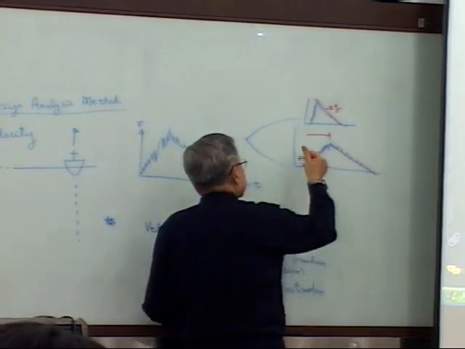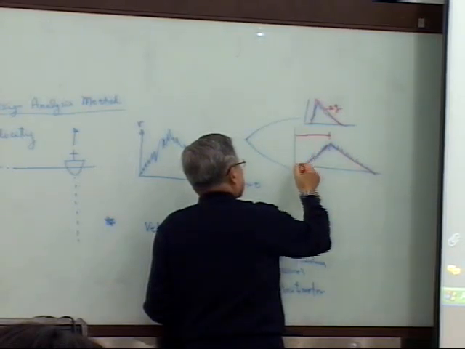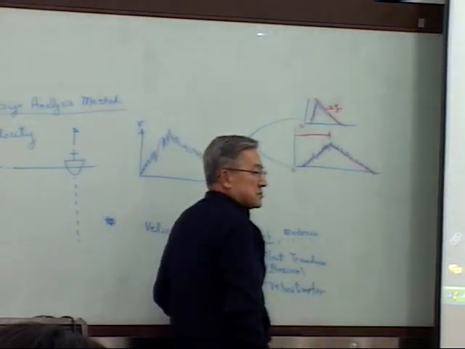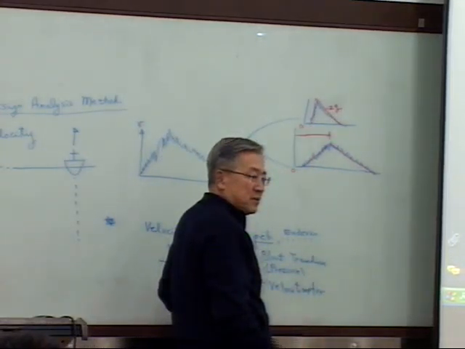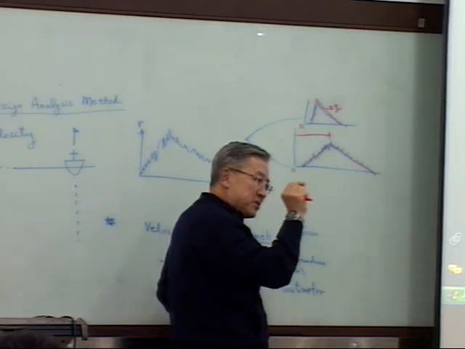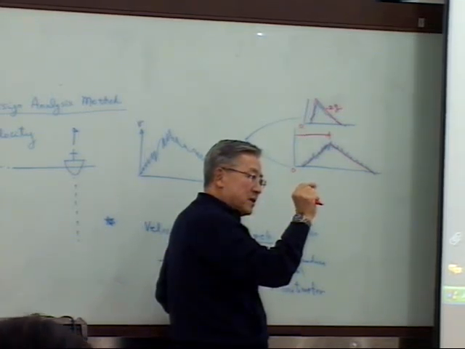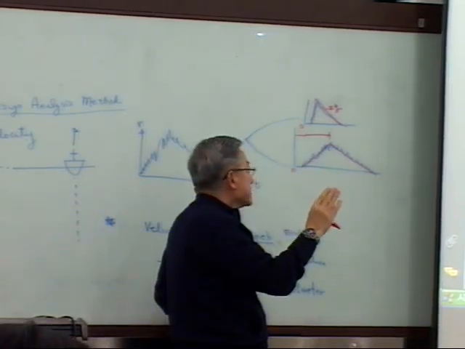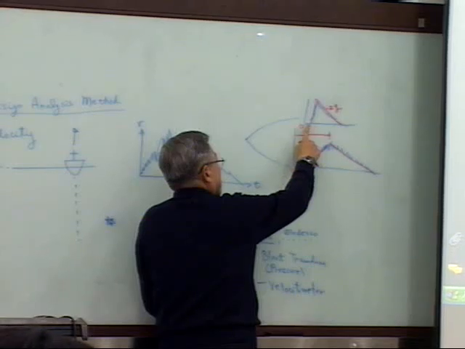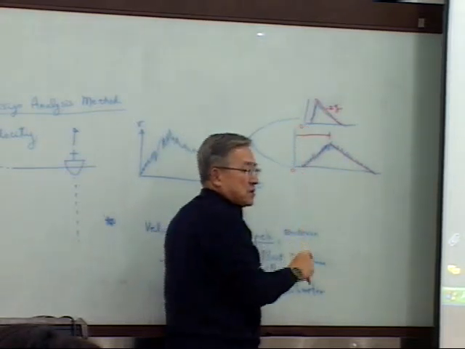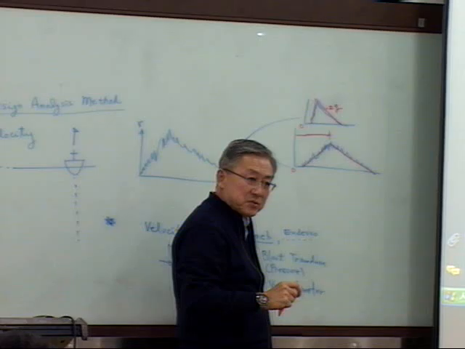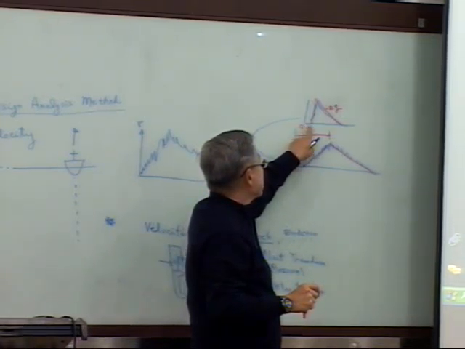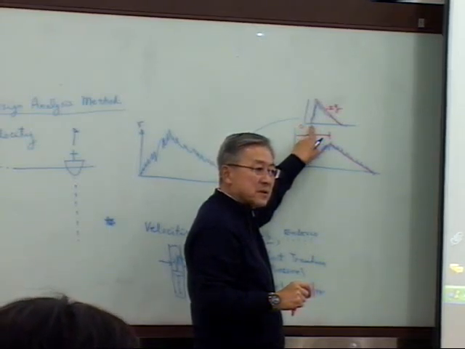Why? It depends on the reference, where you put the reference zero. If you start to measure the data from the time the shock wave hit the target, then this could be zero. But if you set the detonation time as reference zero, this period from here to here, nothing happened.